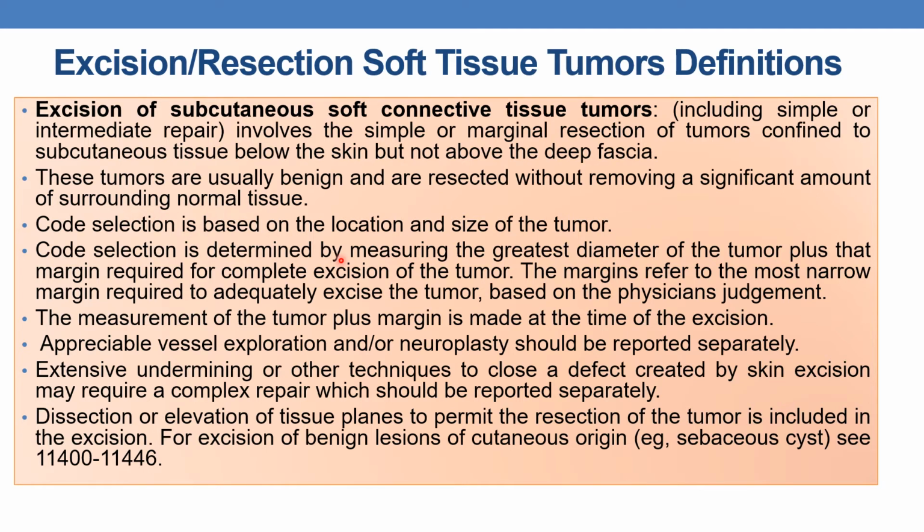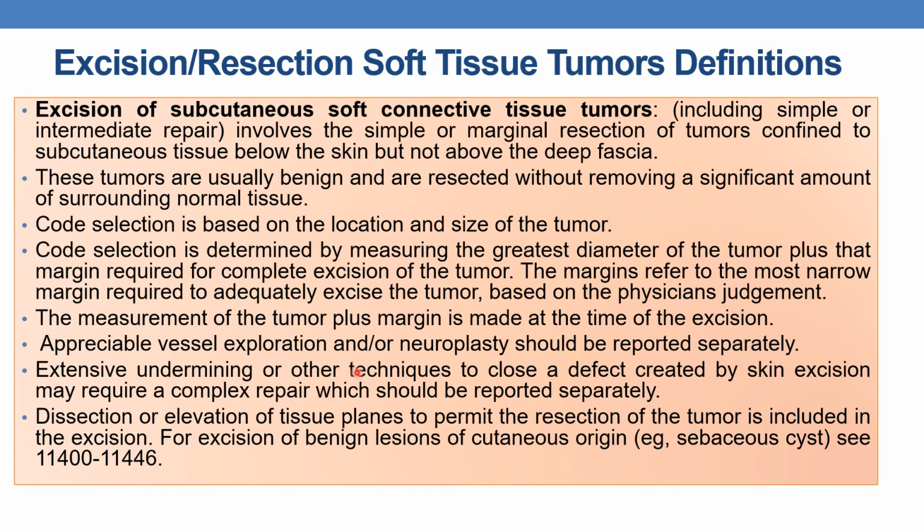Code selection is based upon the location and size of the tumor. The code selection is determined by measuring the greatest diameter of the tumor plus the margins required for complete excision of the tumor. The margins refer to the most narrow margins required to adequately excise the tumor based on the physician's judgment. The measurement of tumor plus margin is made at the time of excision.